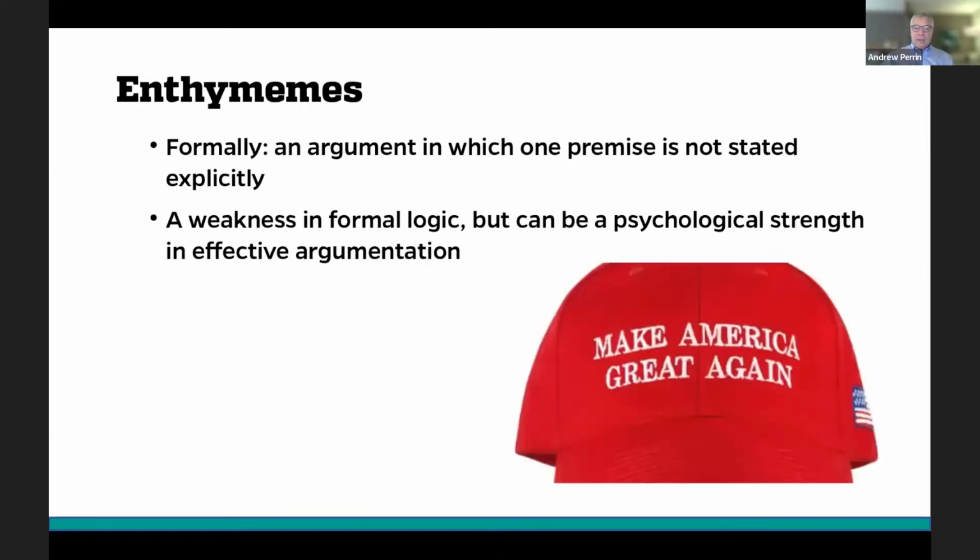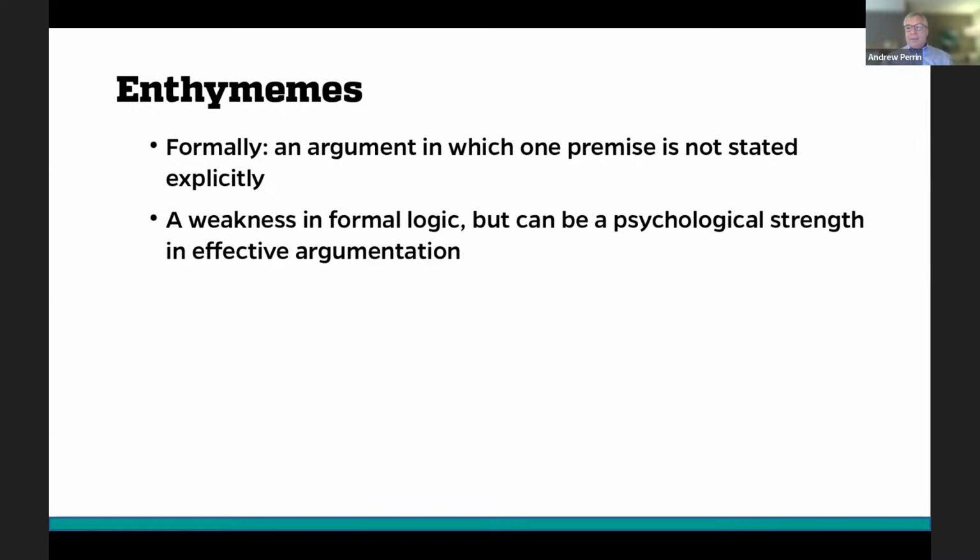Do I want to do this? I'll talk briefly about enthymemes. This is a relatively minor piece of our argument, but I think it's kind of interesting. So formally, an enthymeme is an argument in which one premise is not explicitly stated. Climate change is real, therefore we should engage in climate change mitigation.